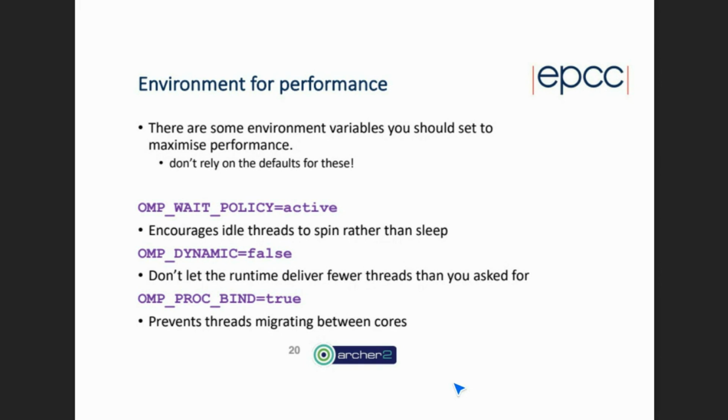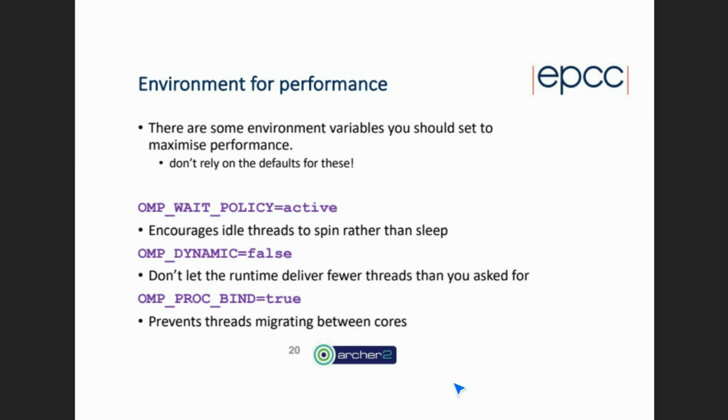So the runtime may have a look at the load on the system and then choose how many threads it's going to give you. You probably don't want that to happen. If you don't, then you should set OMP dynamic equals false to encourage the runtime to actually give you as many threads as you actually asked for.